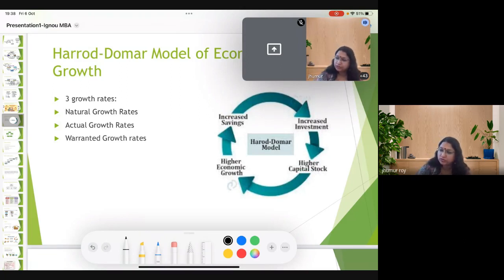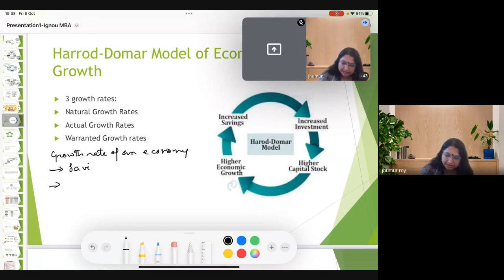So there are two things when we say that the growth rate of an economy will have two ratios that you take. First is the saving income ratio. This is given by saving upon income.